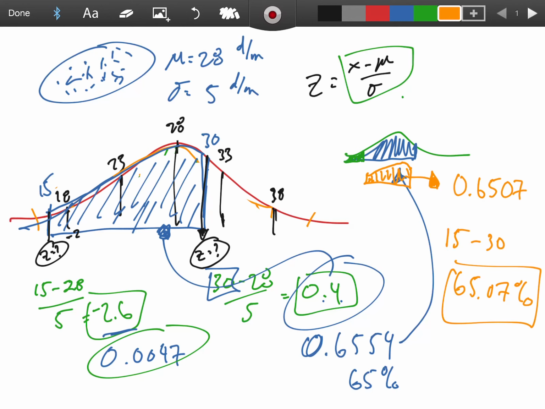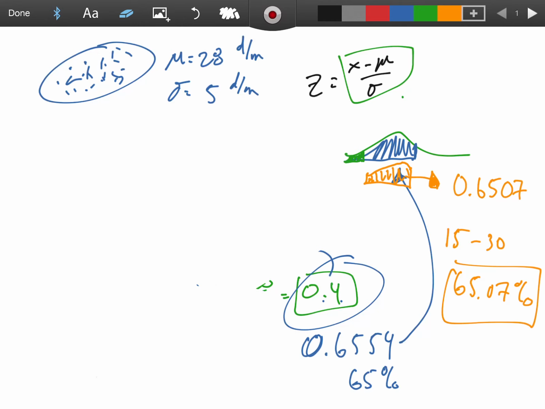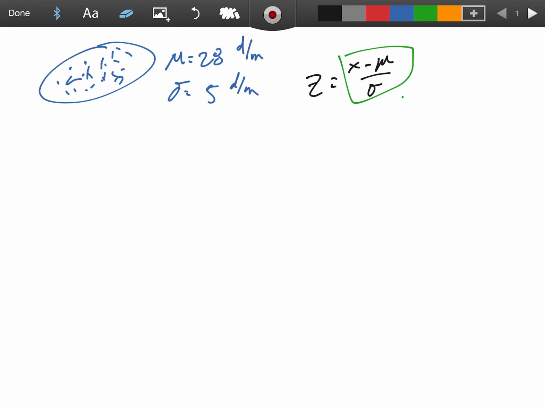Let me see here. One other thing that they could ask is, let me erase this, give myself some space to work, they could say, all right, I want to know how many people are eating fewer than 10 donuts per month.